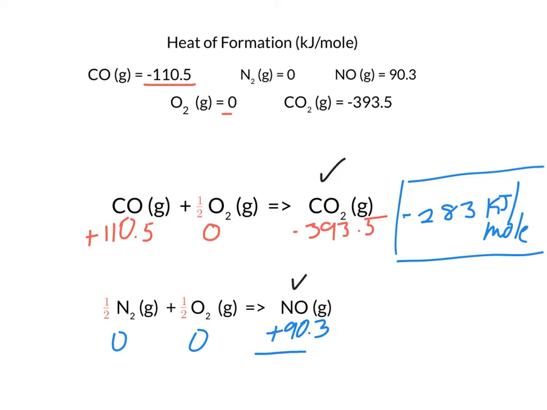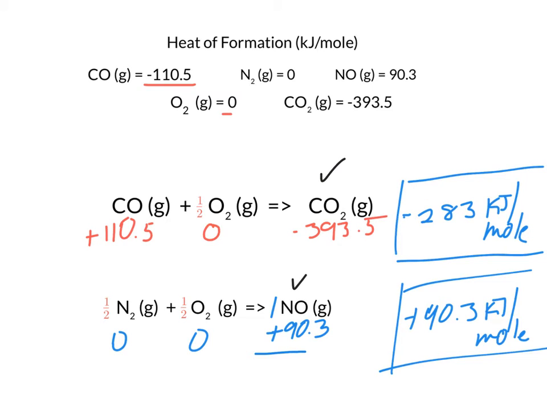I only need, again, 1 nitrogen, 1 oxygen, so therefore that's why I took halves of those, of the N2 and the O2, and therefore in order to make my 1 nitrogen monoxide, it would be a positive 90.3 kilojoules per mole, and again, I only have 1 mole, so that makes it fairly simple. So there you go. And I'm going to use these two for the next problem.